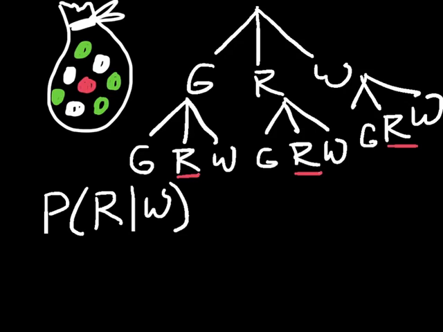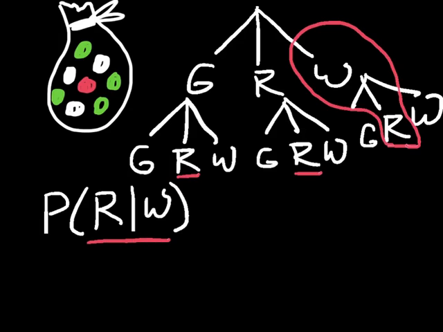So I'm looking there, but the only one I pay attention to is where I'm given a white on the first draw. And that's how you can narrow yourself down in a tree diagram. Now, tree diagrams can become unwieldy and get too big, so you have to be careful with that. The other thing is when you're given a conditional probability, that probability will just be the probability of getting that red right here.